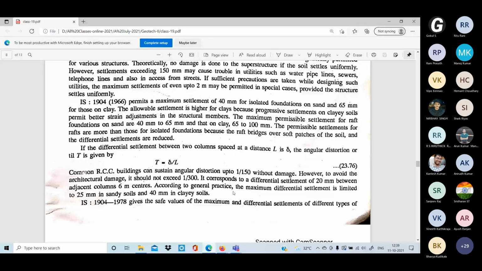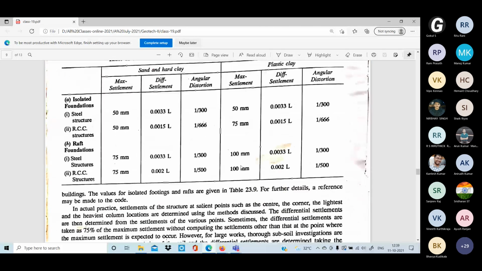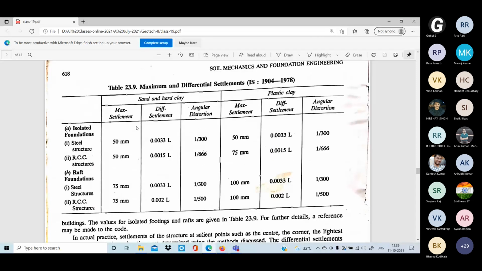Here the tabular column is given, with maximum and differential settlement. This tabular column is important, they may ask in the exam.